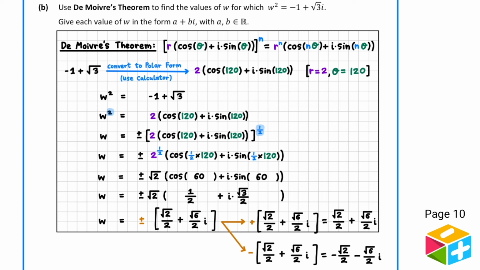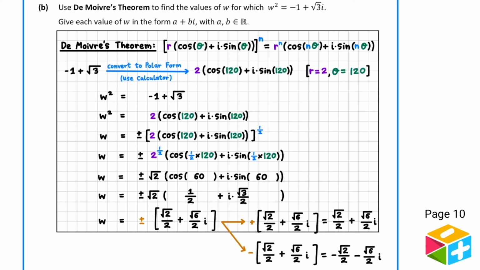We can do this since one of the laws of indices says that a square root is equivalent to the power of a half. We have to remember to put in a plus minus sign here, since both the positive and negative versions of a number will square to give the same answer.